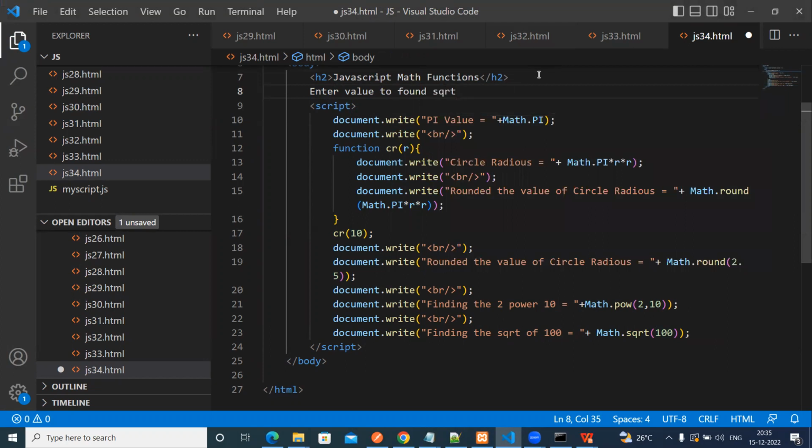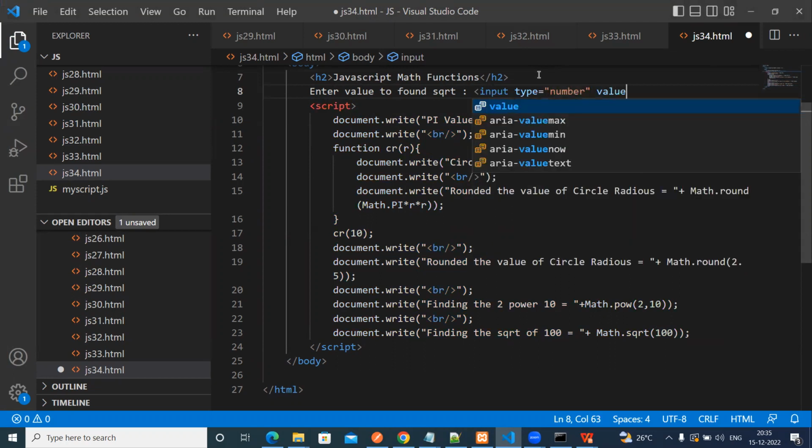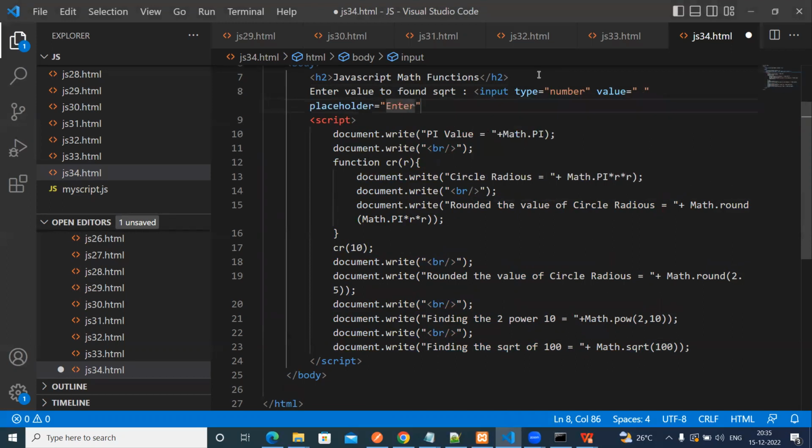Colon, then input type equal to number, value equal to empty, placeholder equal to enter number, id equal to my val. That's it, right? We have to give the name also, name equal to num.